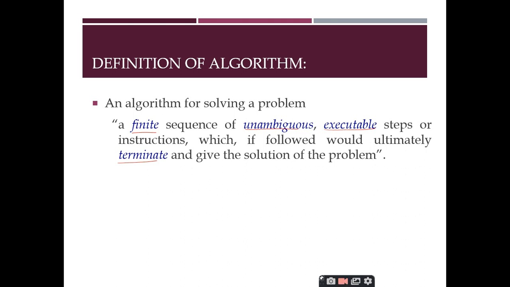There should be a limit on the number of steps you give in the solution to a problem. The instructions cannot be infinite in nature. So you should have a finite number of instructions, and those instructions are also called steps. That is the reason why we call it a step-by-step process, right?